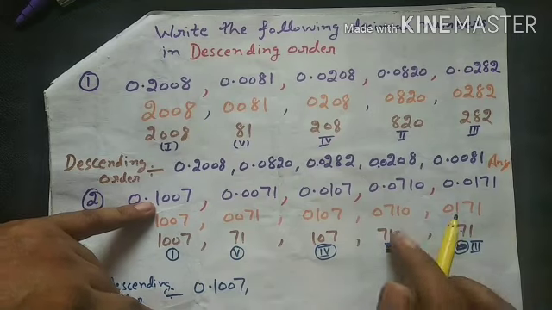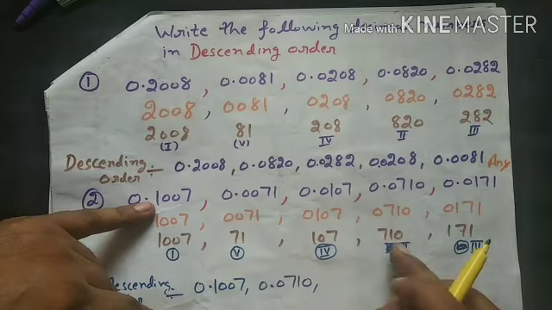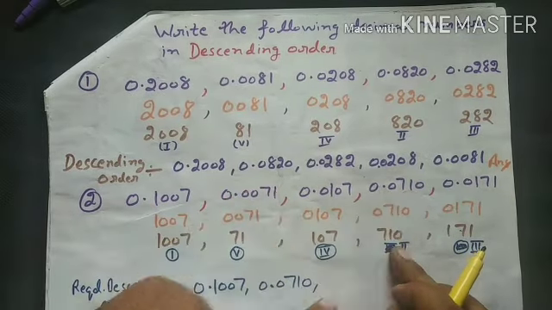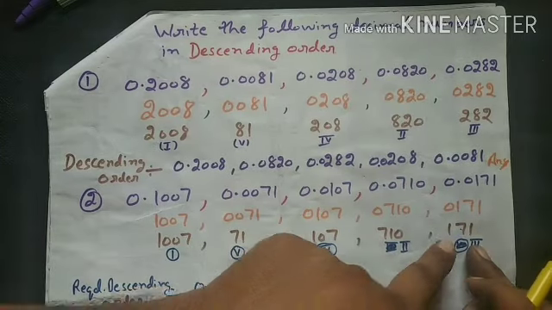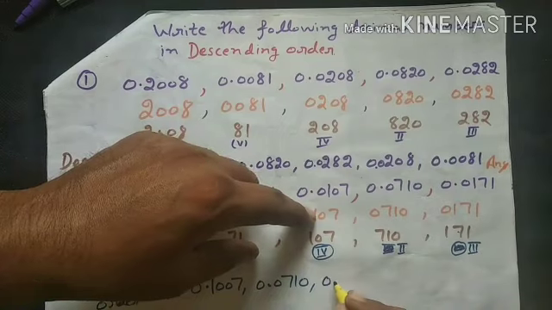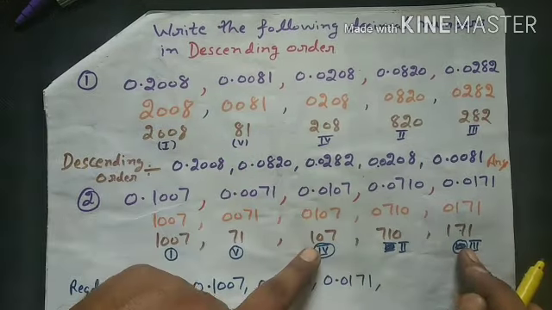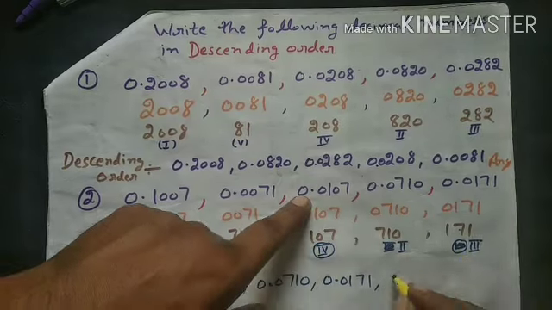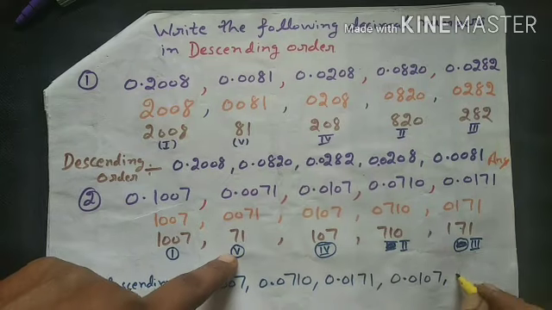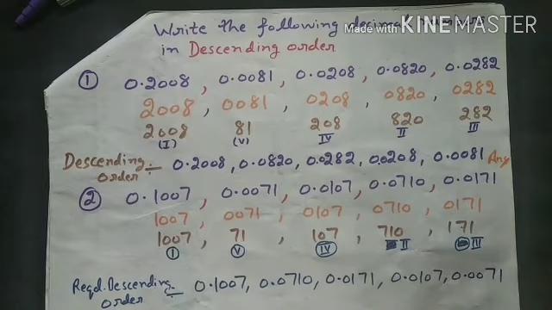After that, what is second? 710. It was actually 0.0710. Now the third, this was 171, so this is third. So what is the fourth position? 0.0107. And what is the fifth? 0.0071. So this is my answer.